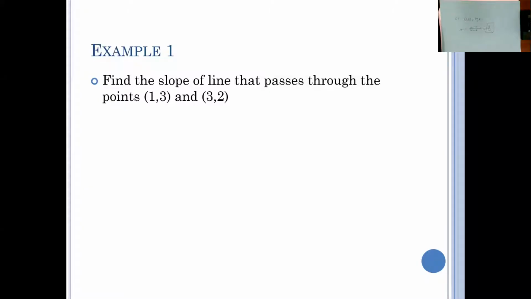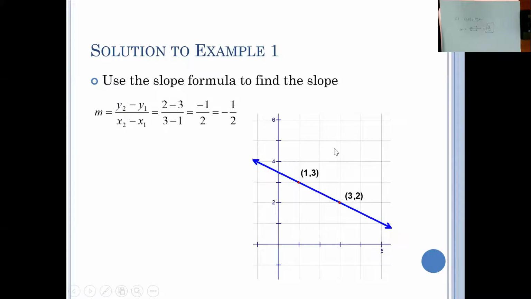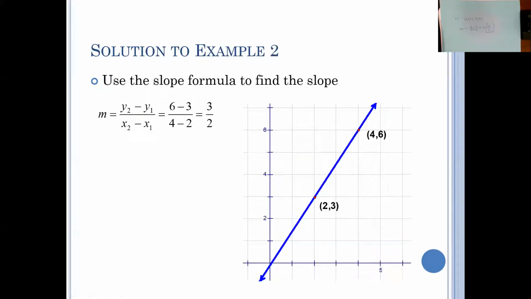So my slope is 3 over 2. If you look at the picture that I provide with the graph, again, the point (2, 3) is over 2, up 3 from the origin. (4, 6) is over 4, up 6 from the origin.